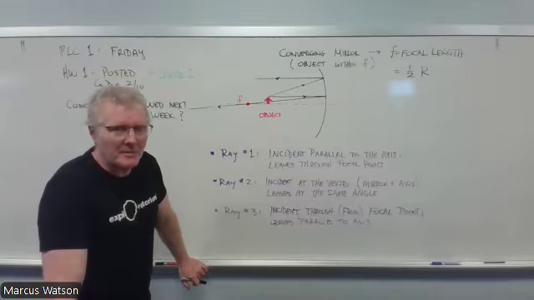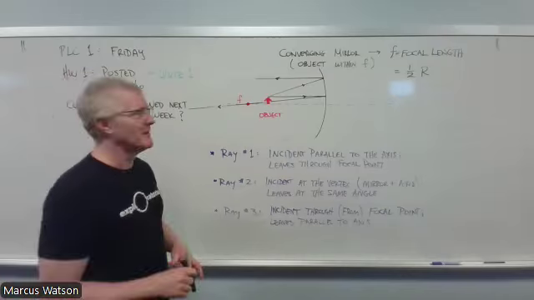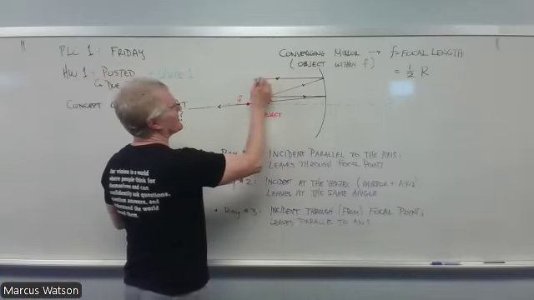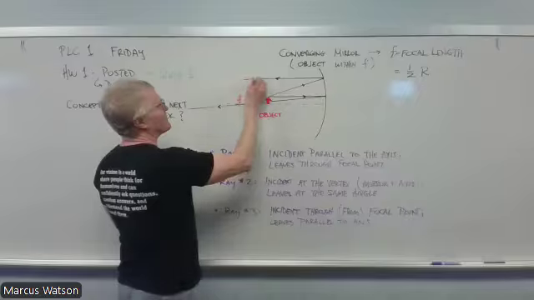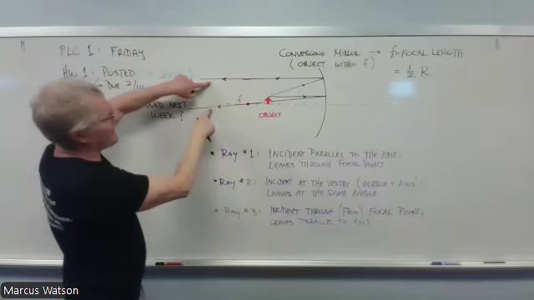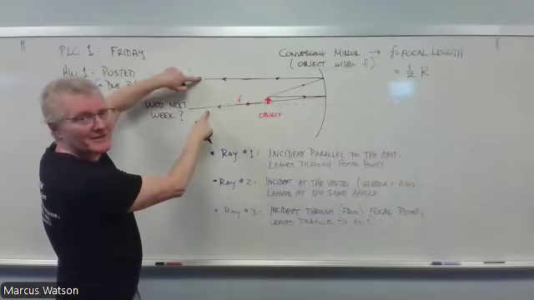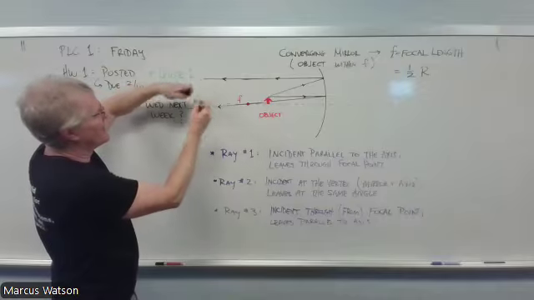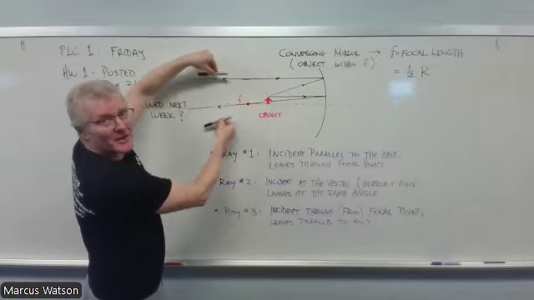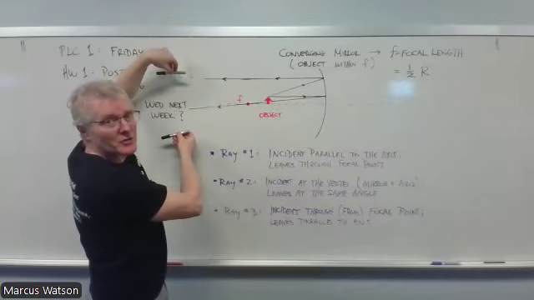Perhaps it's a poor name, but it's the one I stick with. This ray here is definitely not going to converge with this one down here. They are definitely going in different directions, right? They are diverging.